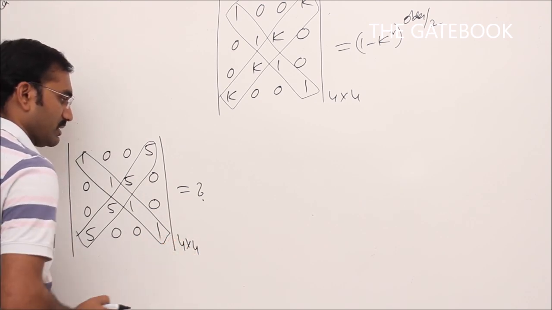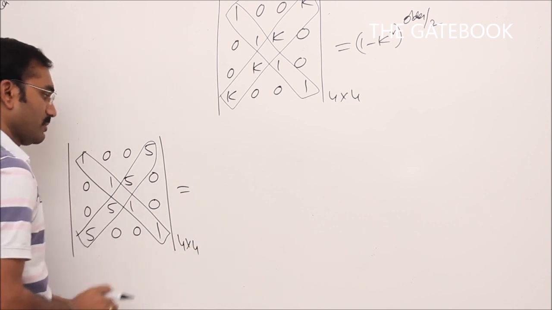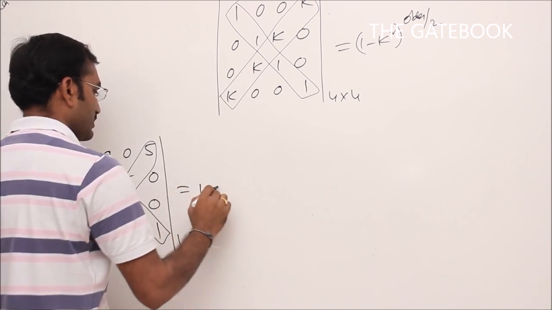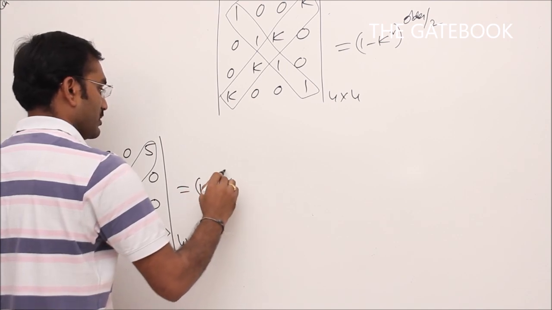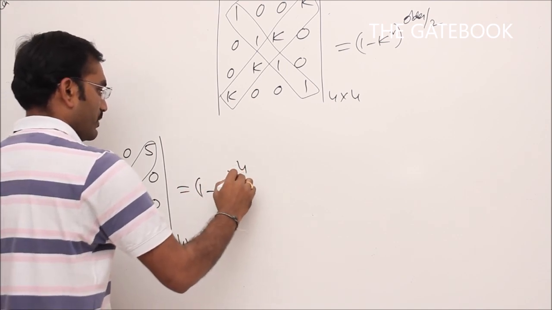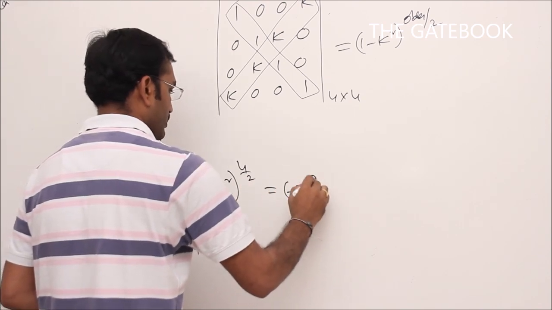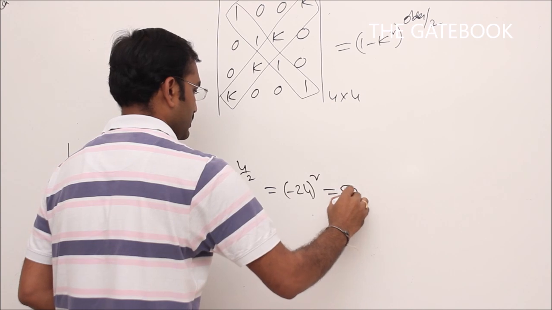So in that case I can apply that shortcut formula (1 minus k square) whole power order by 2. Here our k value is 5. 1 minus 5 square, whole power 4 by 2. So we will get minus 24 whole square, that is equal to 576.